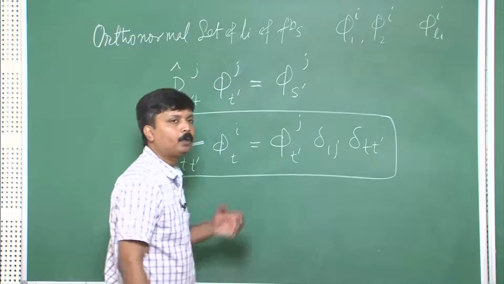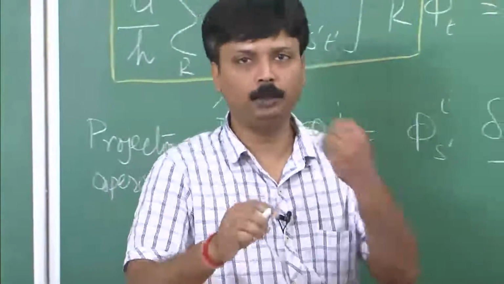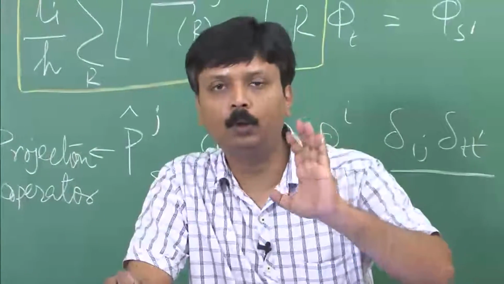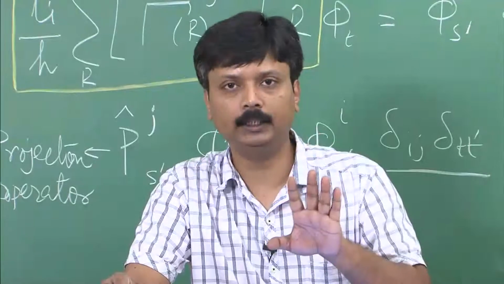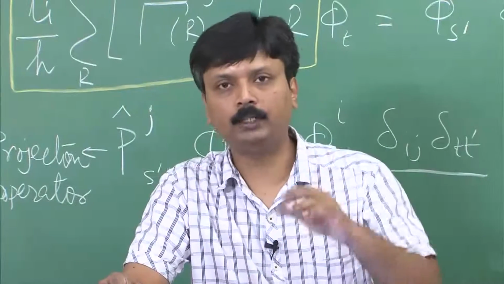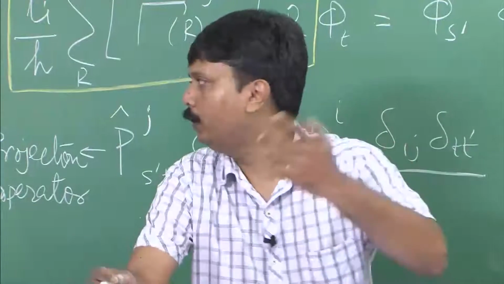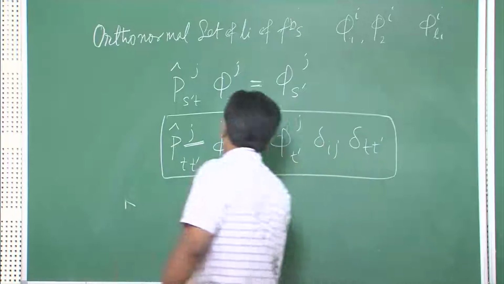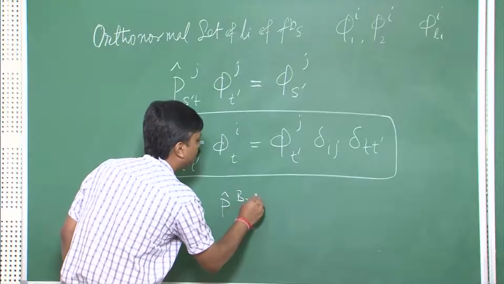Now we can take a real irreducible representation. You have to look at the character table and find the irreducible representation you want to work with. For example, say it is B2u, so you can have the projection operator written as P B2u.